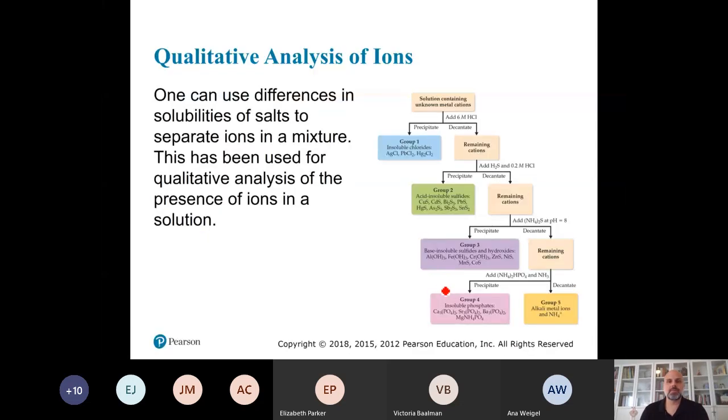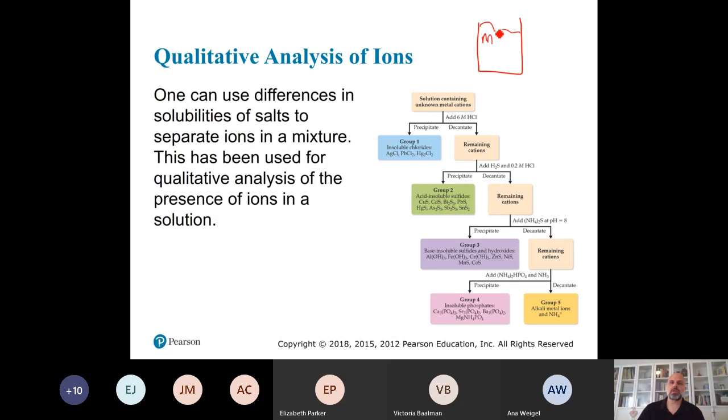There are tables here to help you understand qualitatively how to separate different ions. So you have a solution containing unknown metal cations. Let's just say we had a beaker sitting here, and in this beaker we have metal cations.